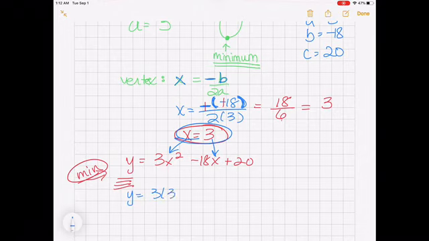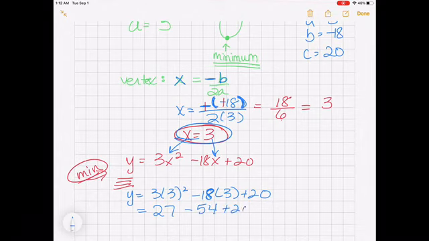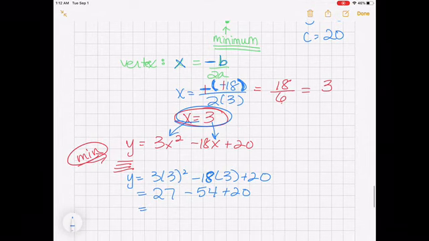So y equals 3 times 3 squared minus 18 times 3 plus 20. 3 squared is 9, times 3 is 27. 18 times 3, what is that? 9 times 6, that's 54, plus 20. And then we're going to do that math.